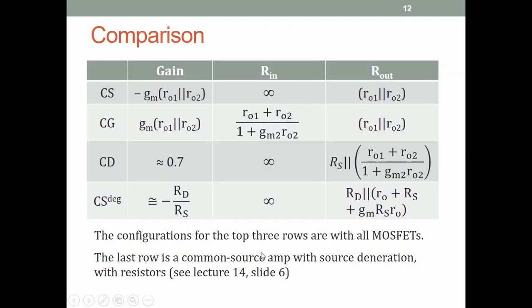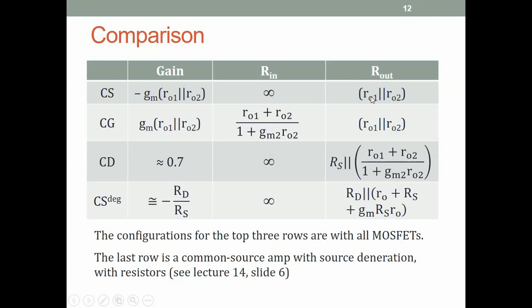All right. So here is just a kind of summary of all the four stages that we have studied till now. So the common source, common gate, common drain, common source with a source degeneration with the output taken at the drain. All right. So we see that the common source amplifier gives the highest gain, common gate gives too, but as we just discussed, only if the voltage source is ideal.